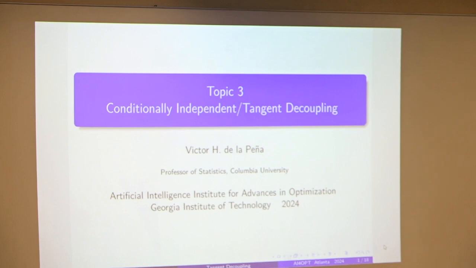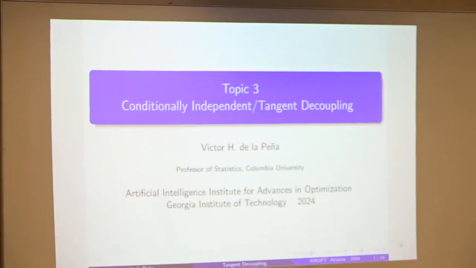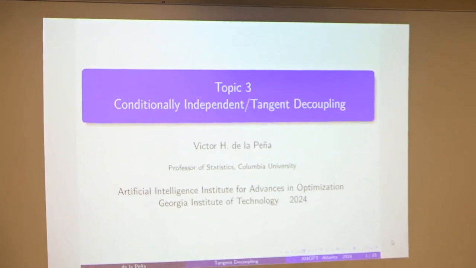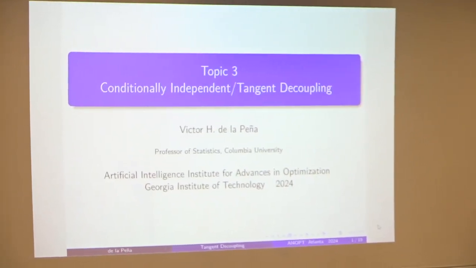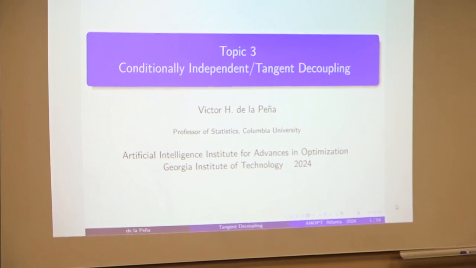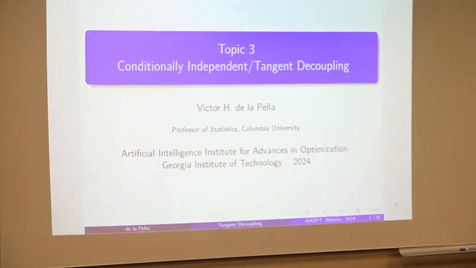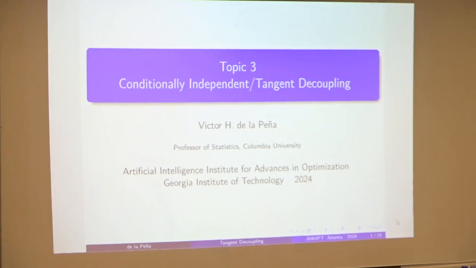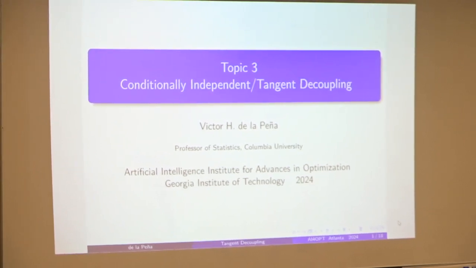important, for example, in developing concentration of measure inequalities for dependent variables, into inequalities for martingales. So you can extend most of the exponential inequalities for independent variables to the case of self-normalized martingales, for example.